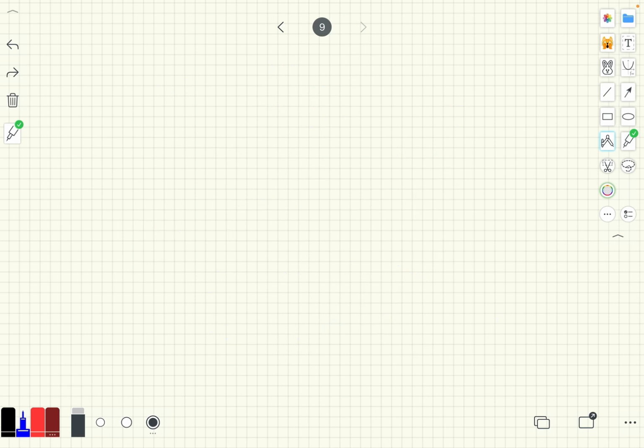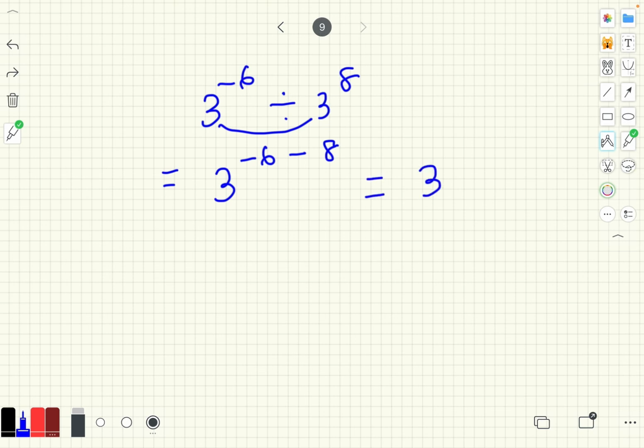Let's see another example. For example, 3 to the minus 6 divided by 3 to the 8. First we have to check whether the bases are identical. Yes, they are identical. It is division, so we subtract the powers: minus 6 minus 8, which is 3 to the minus 14.